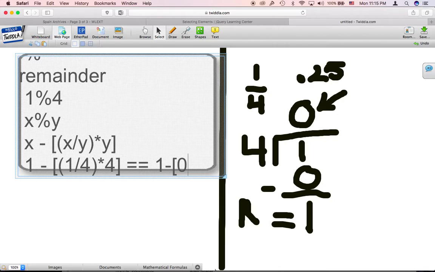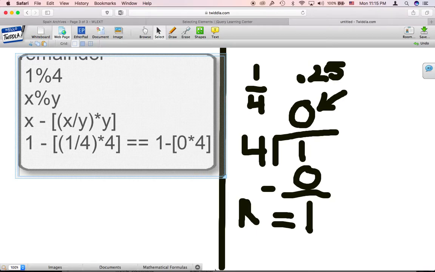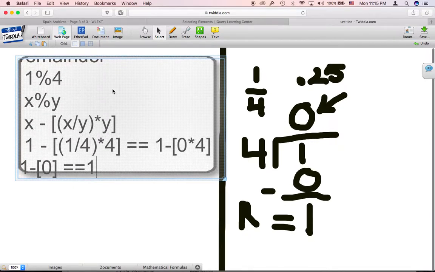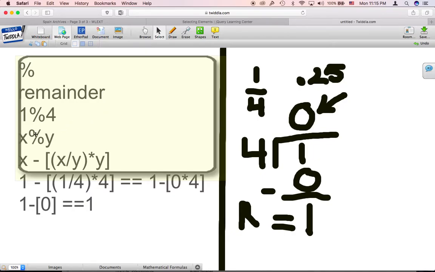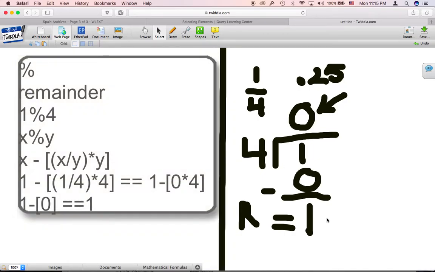We don't care about the decimal part, times 4. And the answer, 1 minus 0 equals 1. So that takes us back to our answer right over here.